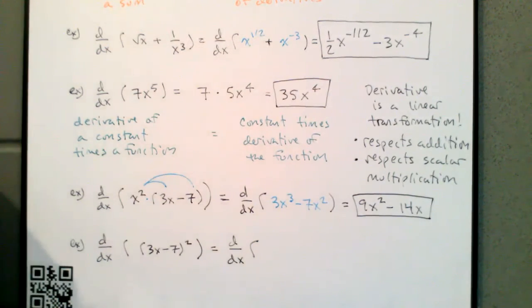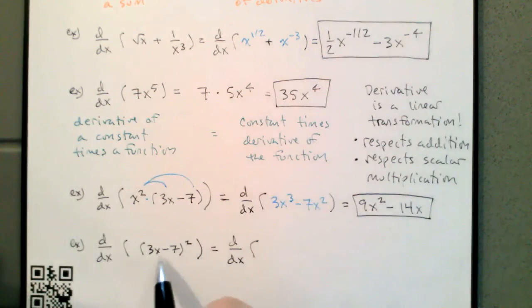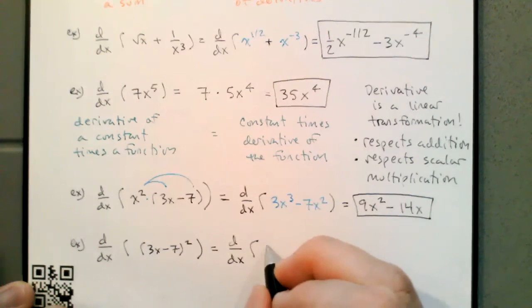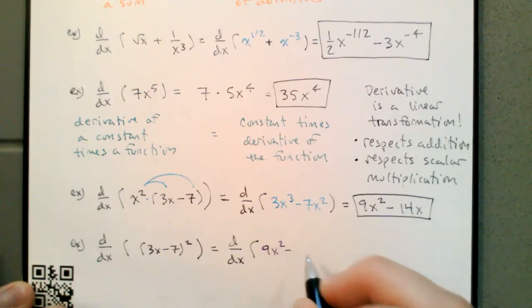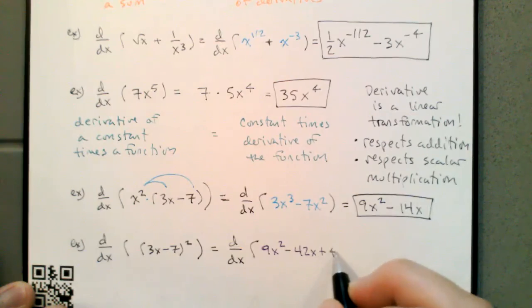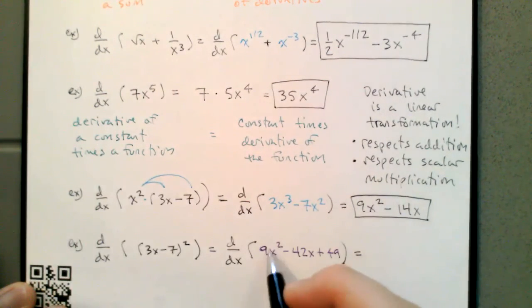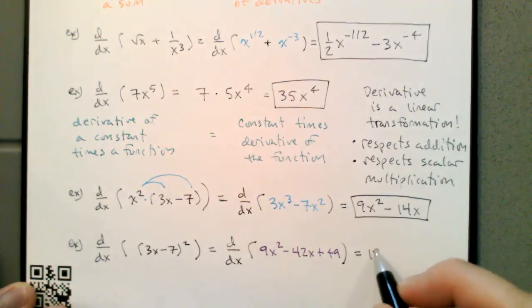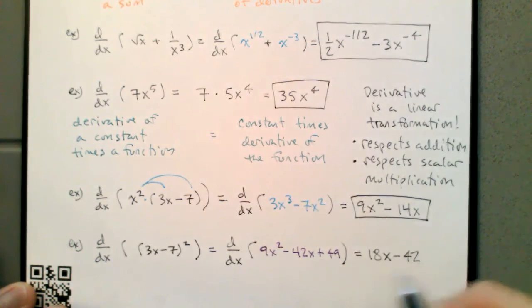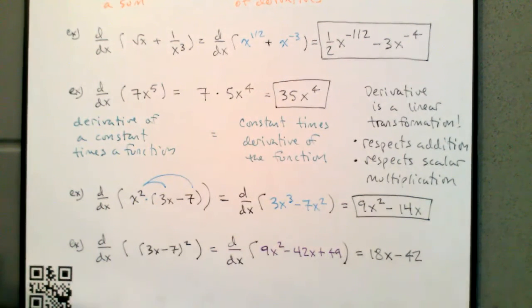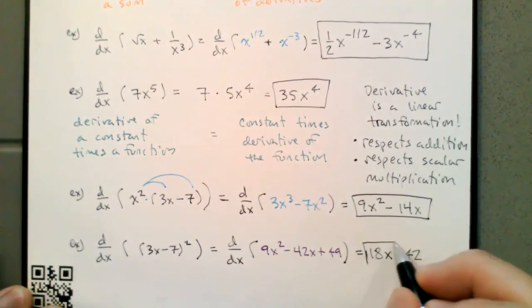I can rewrite the square of the difference between 3 times a number and 7 as 9x squared minus 42x plus 49, and then take the derivative by terms. So we'll have 18x minus 42x to the 0. The 49 is a constant, so we can read that as 49x to the 0, and so the derivative is 0. The derivative of a constant is equal to 0.